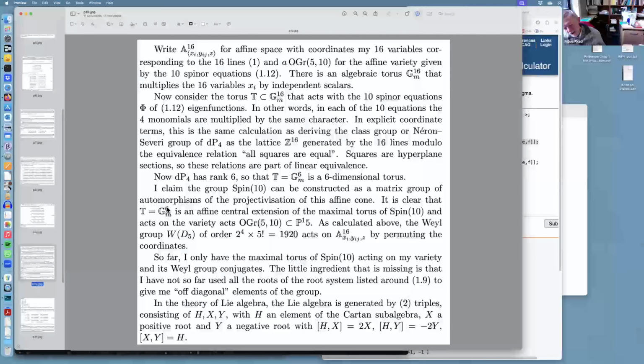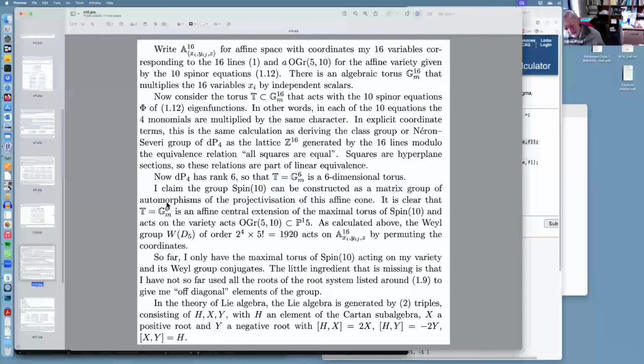So I'm going to declare at some time that this is acting on the affine cone. It, of course, contains the trivial C-star action, the ordinary multiplication action that defines projective space.